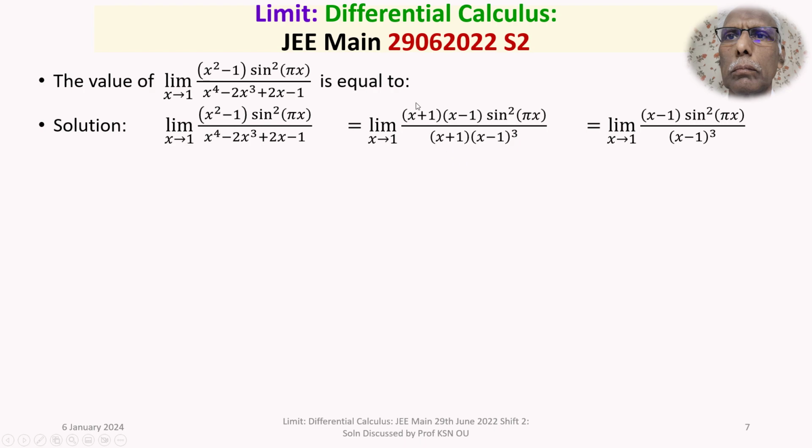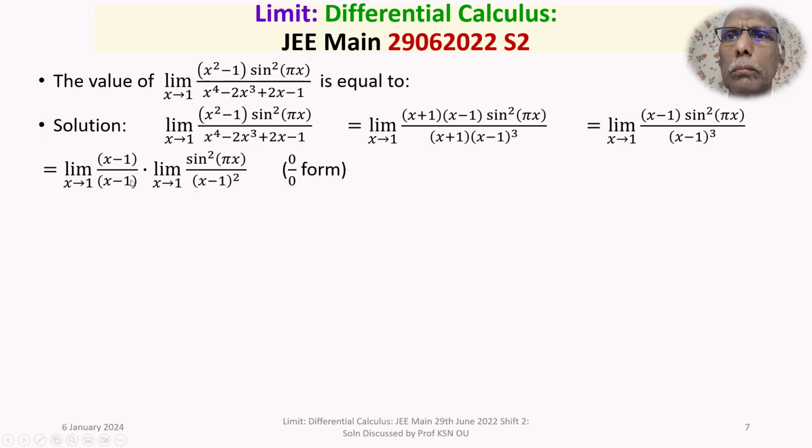Now we cancel x plus 1 in the numerator and denominator. So the limit as x tends to 1 of (x minus 1) into sine square pi x by (x minus 1) whole cube, and we write this as the limit of (x minus 1) by (x minus 1) multiplied by the limit of sine square pi x by (x minus 1) whole square.